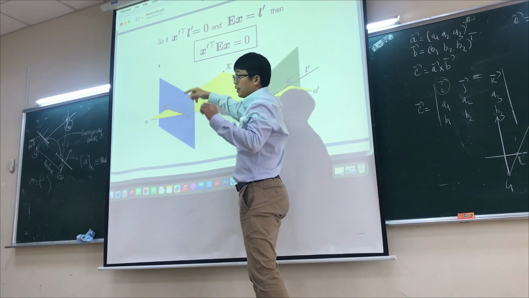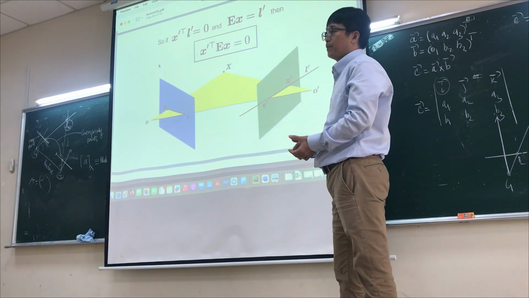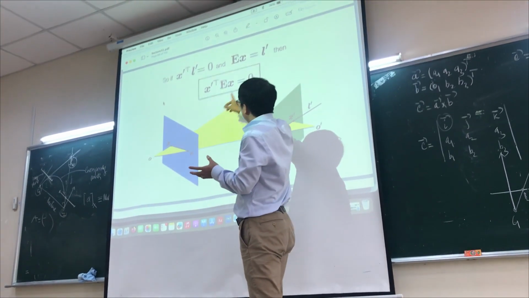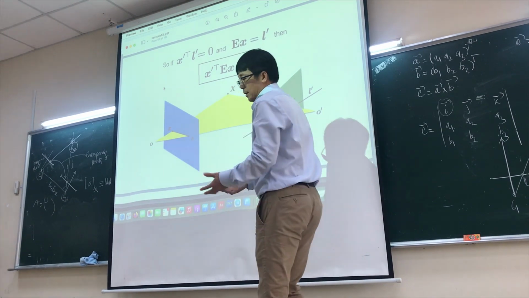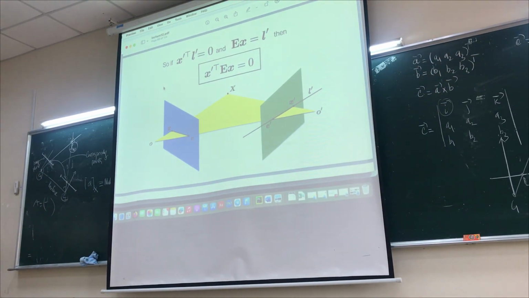Here is a vector in homogeneous coordinates, here a vector in homogeneous coordinates, and here a 3 by 3 matrix. Based on the constraint, they have an equal relation. That we call the essential matrix constraint.